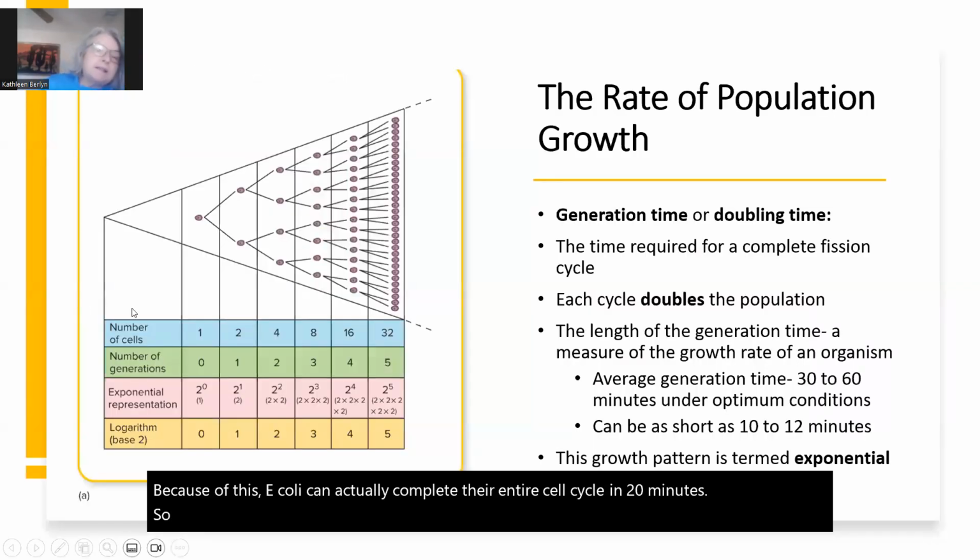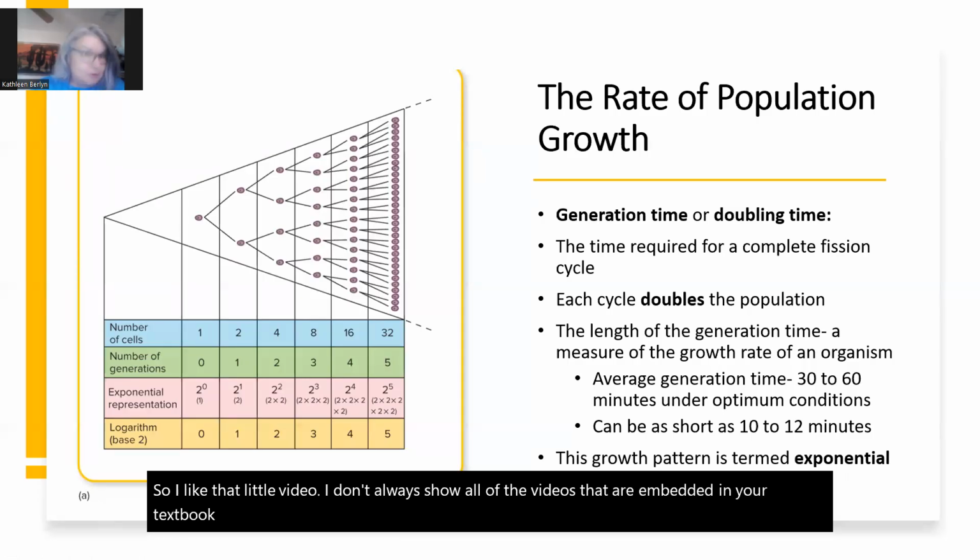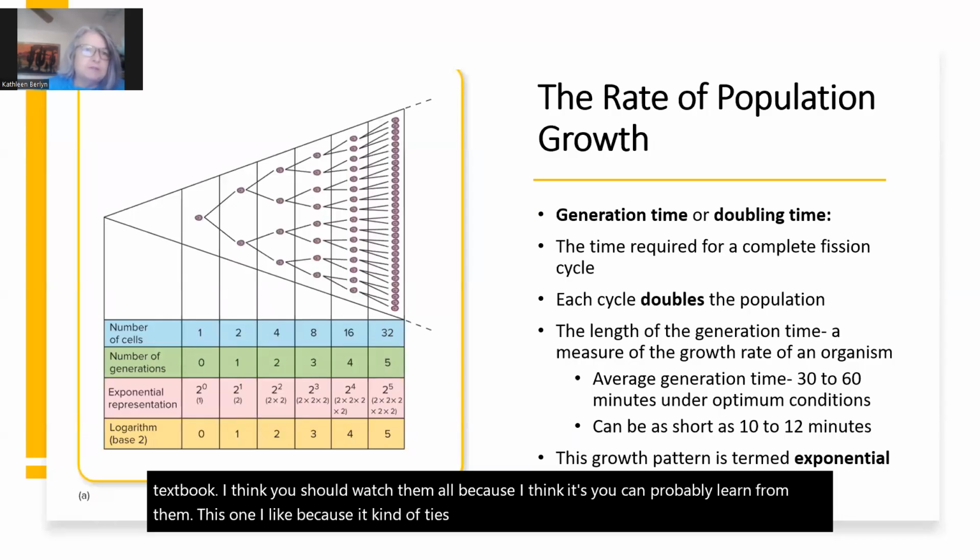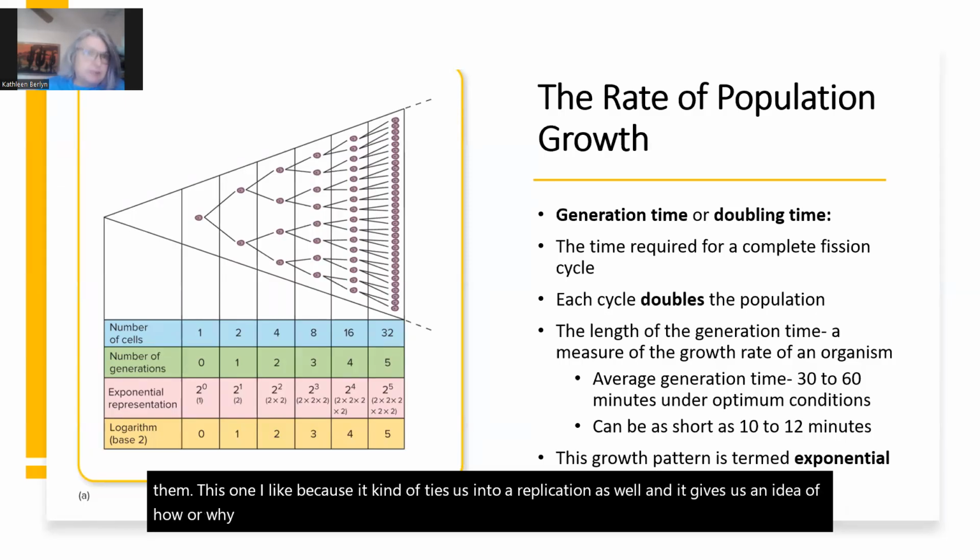So I like that little video. I don't always show all of the videos that are embedded in your textbook. I think you should watch them all because I think you can probably learn from them. This one I like because it kind of ties us into replication as well, and it gives us an idea of how or why bacteria can divide so quickly, because before it finishes the division, it can already be synthesizing DNA for the next division.